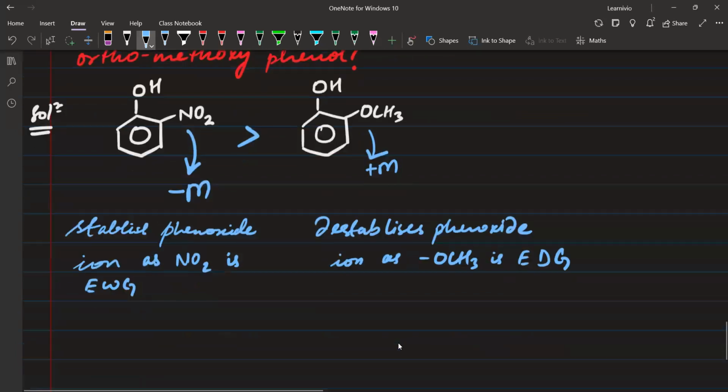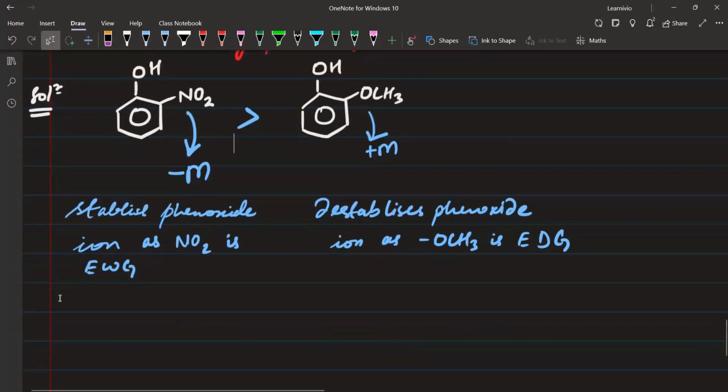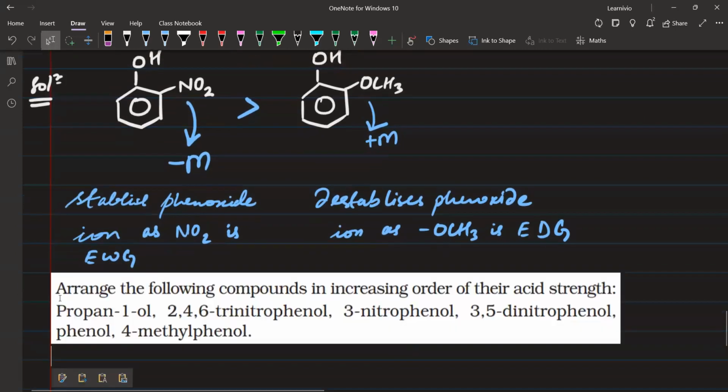I hope you have written this down. Write another question: arrange the following compounds in increasing order of their acidic strength. You need to make the structures first of all. Structures will give you an idea.